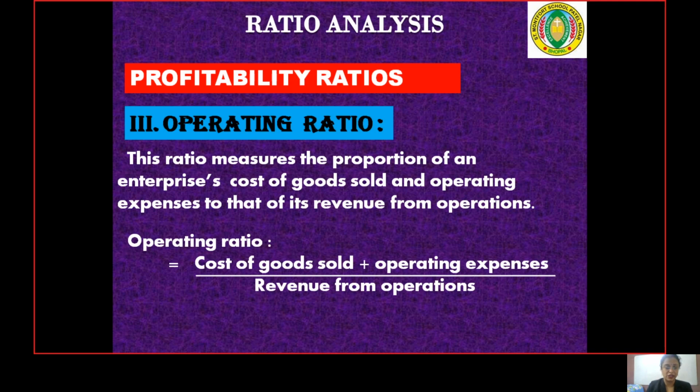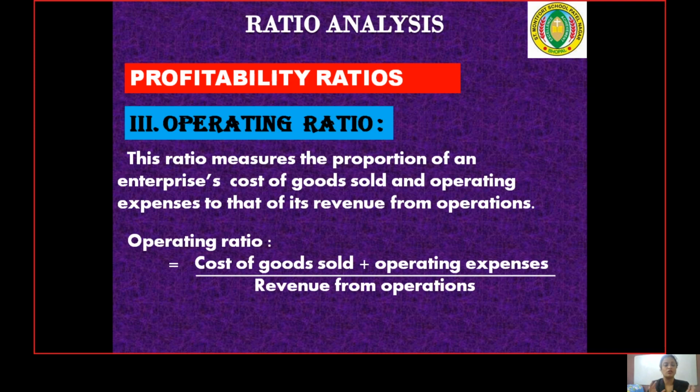Hence the formula for the operating ratio is cost of goods sold plus operating expenses upon revenue from operations. So children, you may know that the cost of goods sold is the production cost, plus operating expenses. These are the things which help us fix either a higher selling price or a lower selling price.